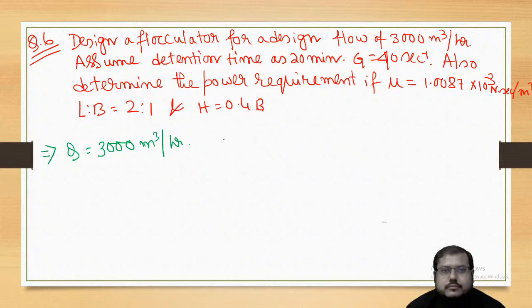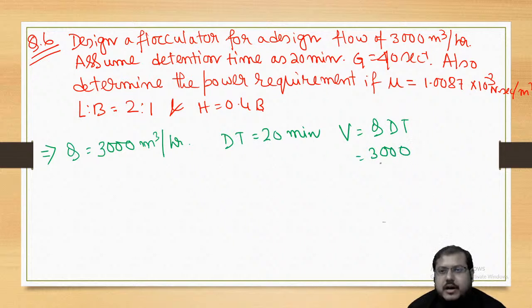So detention time provided as 20 minutes. So volume will be Q into dt, that is 3,000 meter cube per hour by 20 by 60. It's 1,000 meter cube.